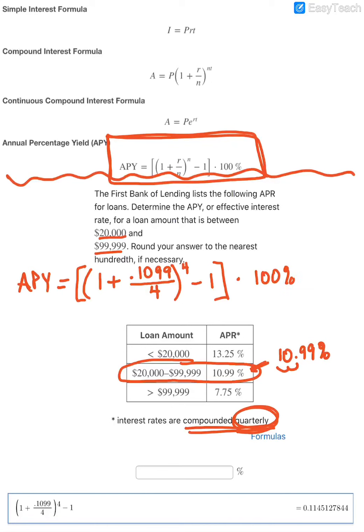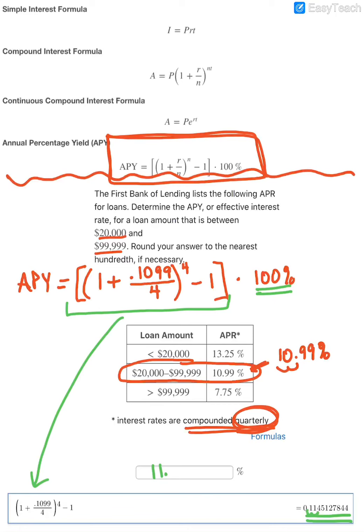I actually just did this part on the calculator, and when I did that part, I had this decimal down here. When you change a decimal into a percentage, you're going to go 2 places to the right. That's what multiplying by 100% does. On our final answer, they want 2 decimals to the right.